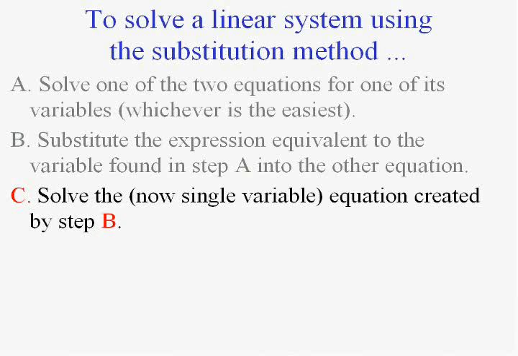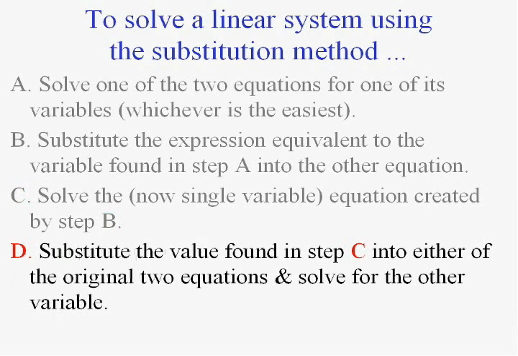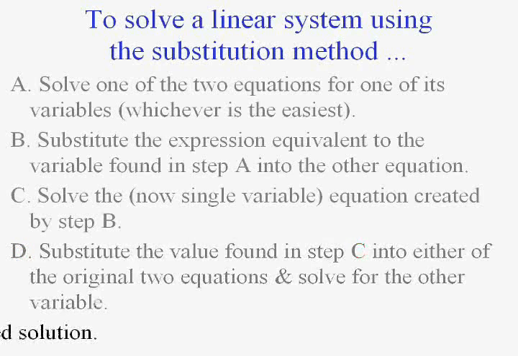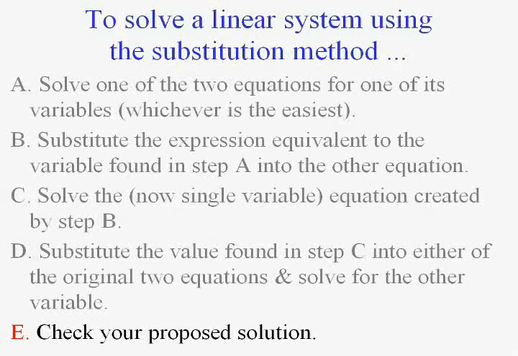That'll give you an equation that has only one letter in it. Solve for that single variable and take the value that it's equal to and substitute that back into the other equation and solve for the other variable. Then I suggest that you check your solution, your x and your y, in both equations. Okay?